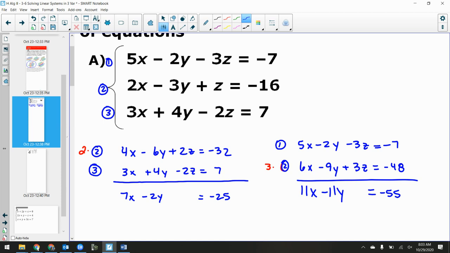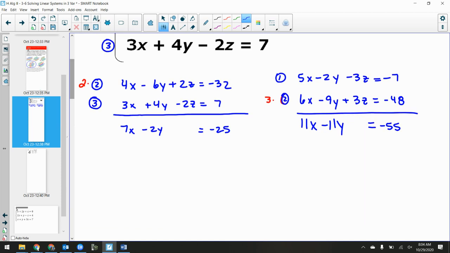Okay, do you see how, by way of elimination, I eliminated using one of the variables. I eliminated z first to yield me a simplified system from a 3 by 3 down to a 2 by 2. Here's my new system. 7x minus 2y is negative 25. 11x minus 11y is negative 55.